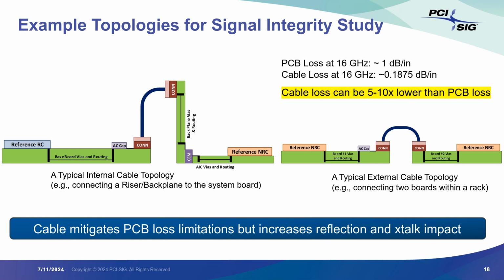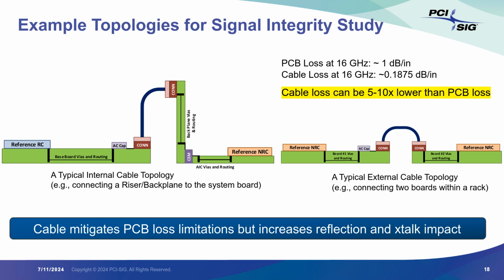It is great that this cable provides us extra length and flexibility to connect, but we need to make sure that as it goes through multiple of those interfaces, other impacts such as reflection and crosstalk do not degrade the overall channel performance. Similarly, on the right side is an example of an external cable topology, which could be between two boxes.